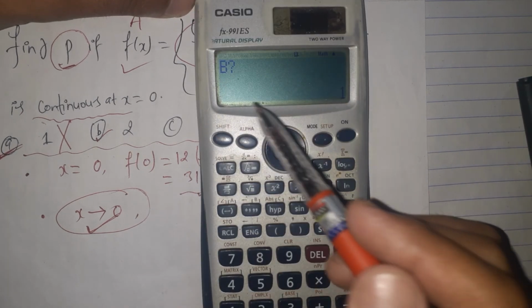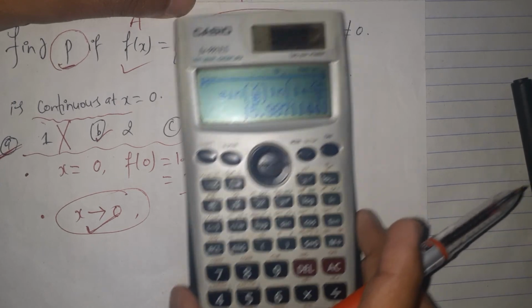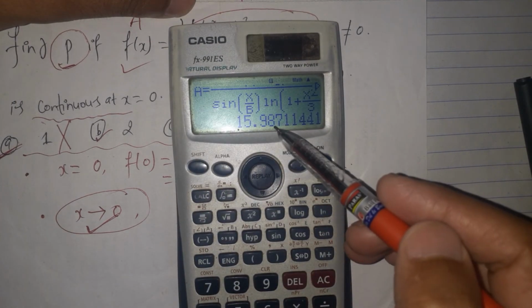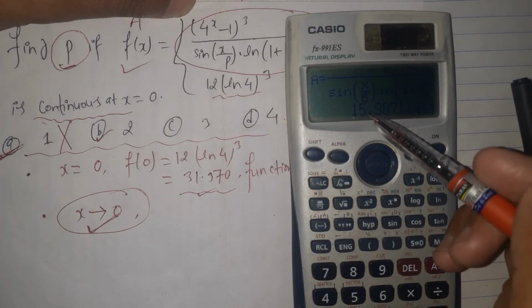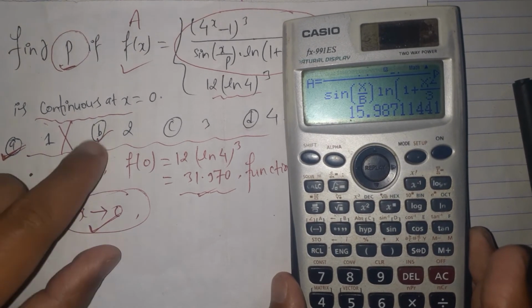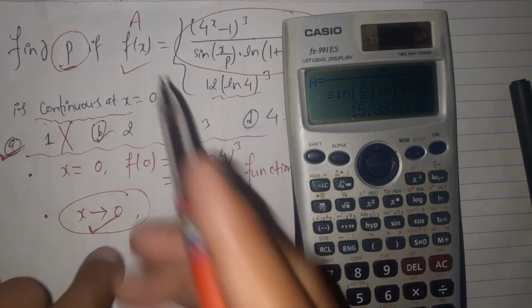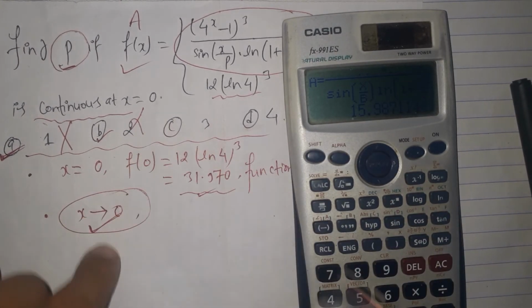Let's put the value of the b as 2, and here the limiting value is 15.987. Here the limiting value calculated at option B is 15.987, but the functional value is not the same, so option B also fails.